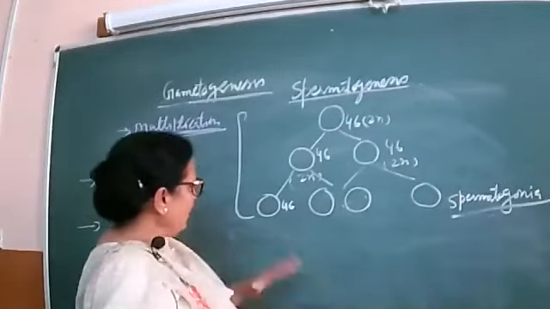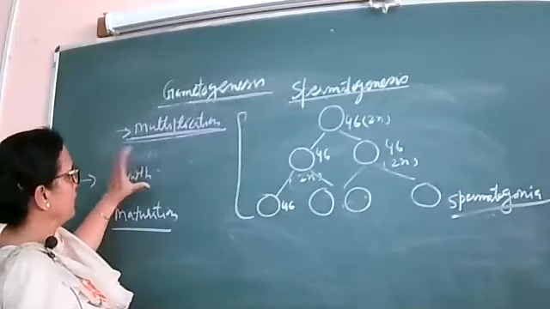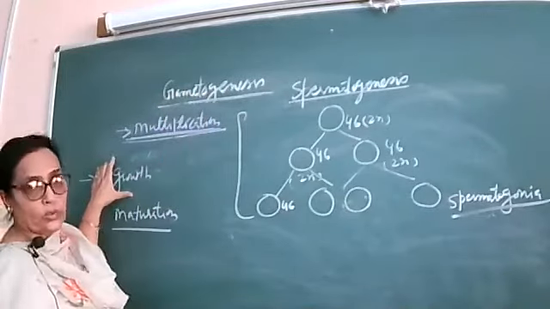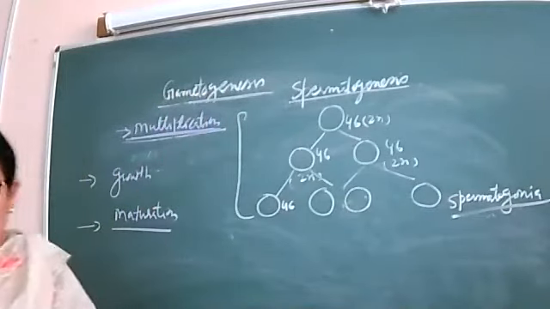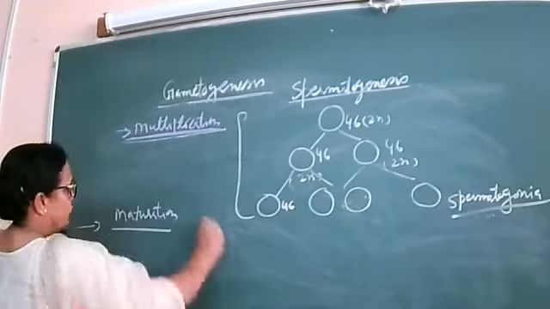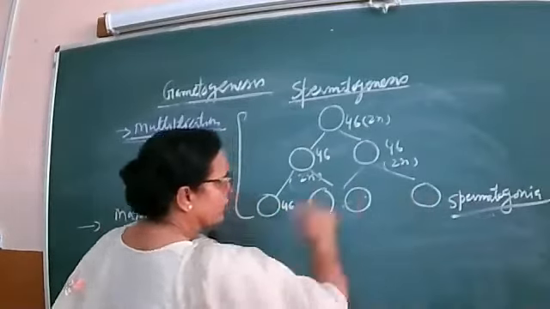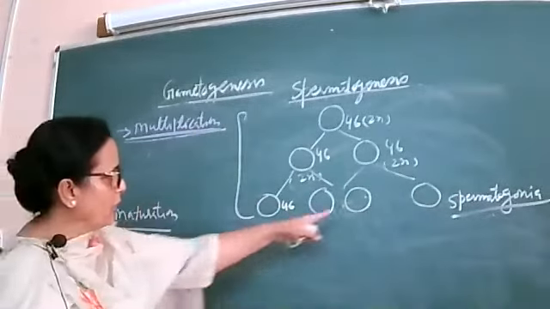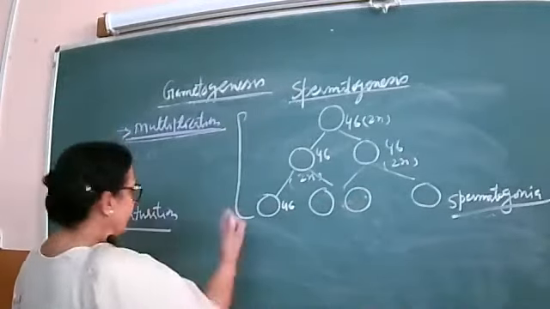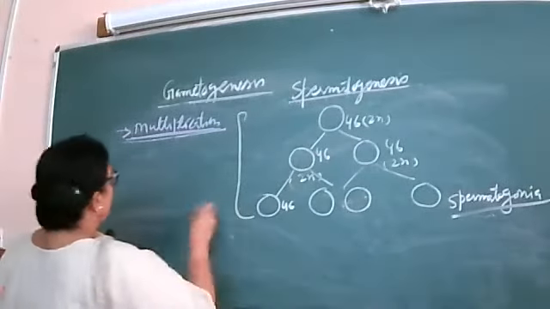Now, the next basic event in spermatogenesis is growth. Growth means differentiation of some of the cells from these spermatogonia, which are diploid cells.